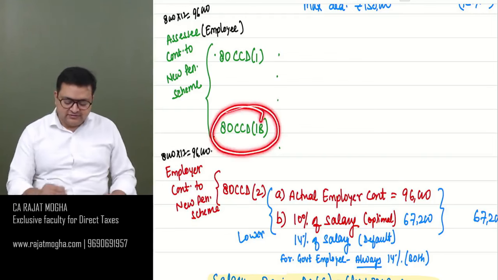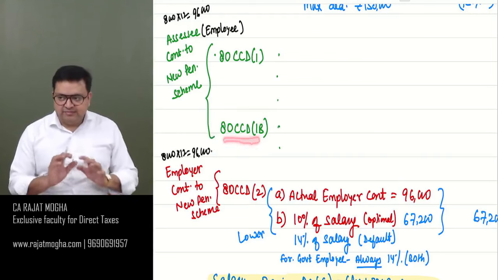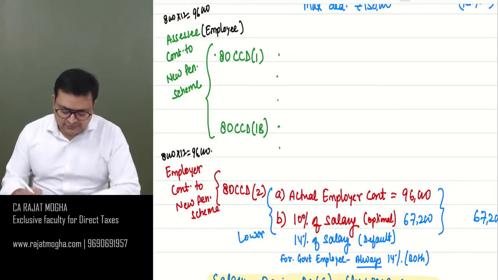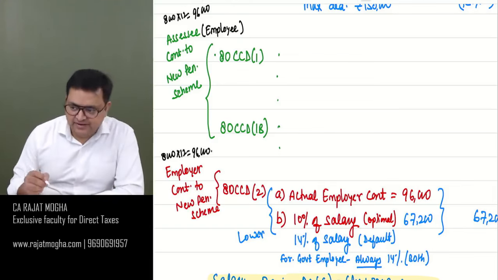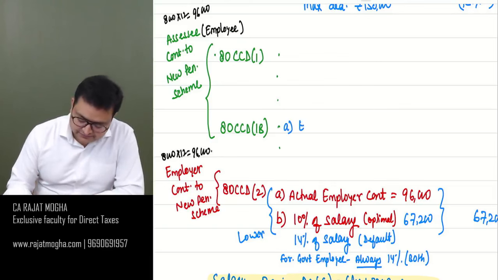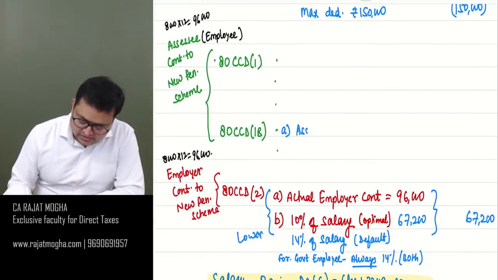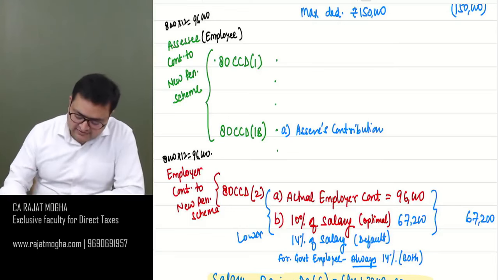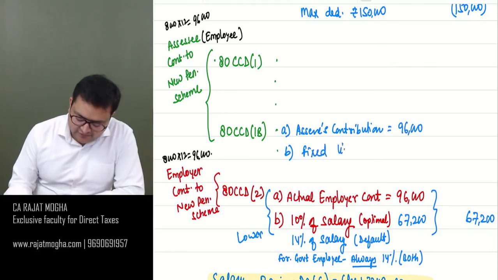Now, let's come to this. What is 80 CCD1B? This is also a part of employee contribution. So here, first of all, CCD1B, A, assessee's contribution. In this case, employee contribution. How much is the assessee contributing? 96,000. Or B, there is a fixed limit, and I believe you must be knowing it.